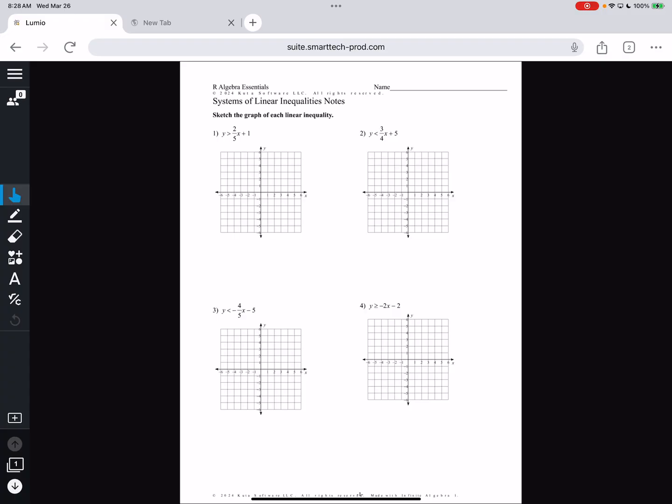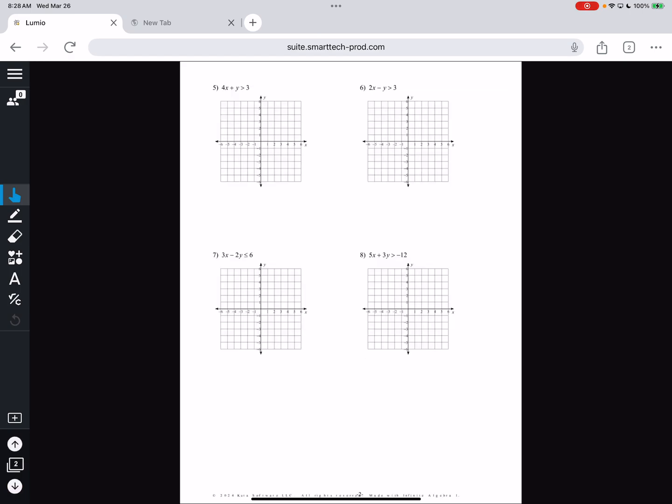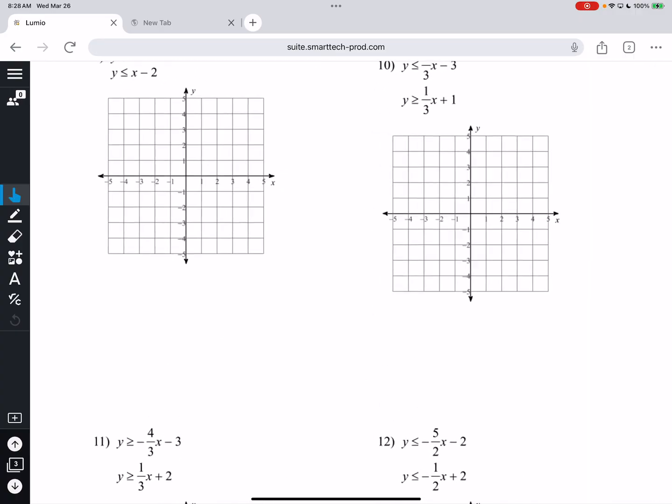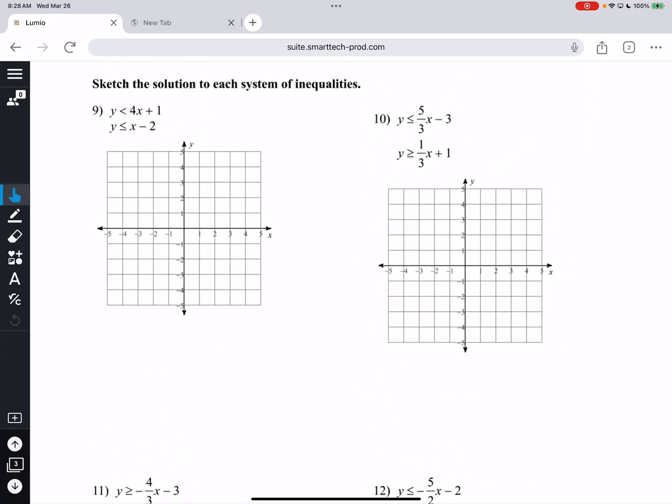We're going to keep working on those, but when we come to this third page, we have systems of inequalities. Let me tell you super quick what you're going to do. You're going to graph the first equation, just like it's a lonely equation by itself, and shade it like you would.